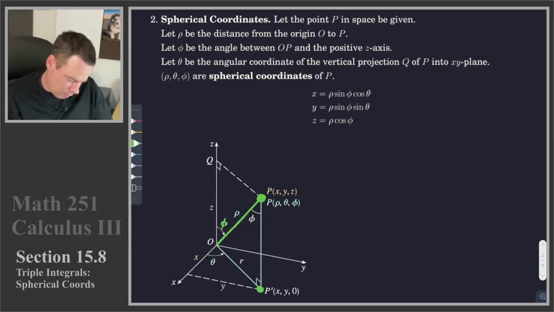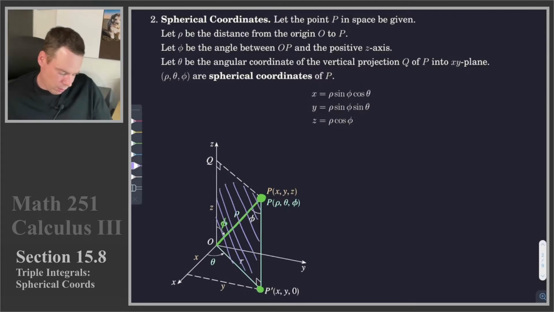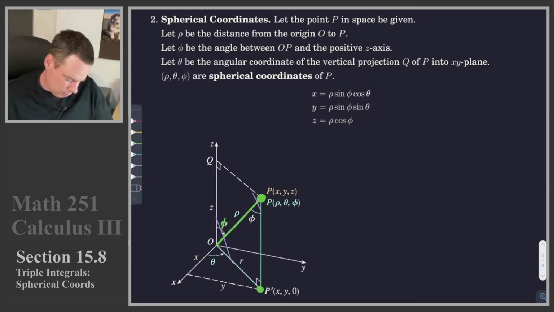You can think of this theta value as, once I have this point, I can draw a vertical plane through that point, and theta is the angle that this plane has sort of been, like a page of a book, how much it's been opened up from the xz plane. So the angle between this page and the xz plane, that's our theta angle. So we'll get rid of these line segments. So those are our values.